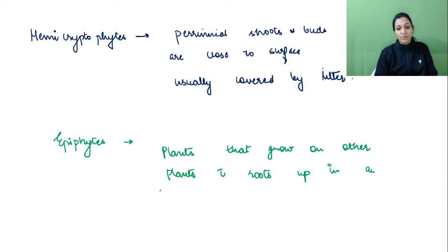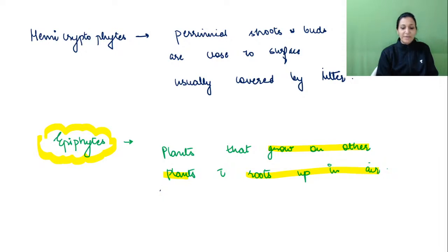This thing you already knew, isn't it? So what words do you need to remember? Grow on other plants, epiphytes, and roots up in the air. So these are the life forms of Raunkiaer's classification.